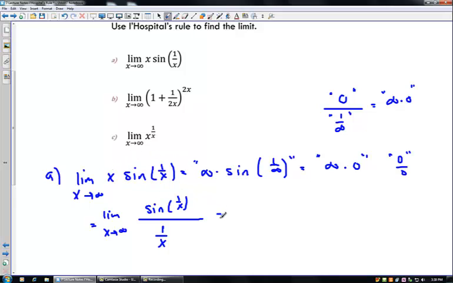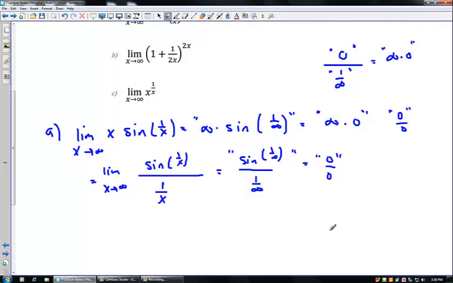But now when you plug in infinity, you have sine of 1 over infinity on top divided by 1 over infinity on the bottom, which is like 0 over 0. And so I can L'Hopital it. So let's scooch down a little bit.